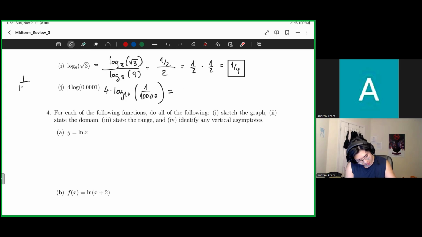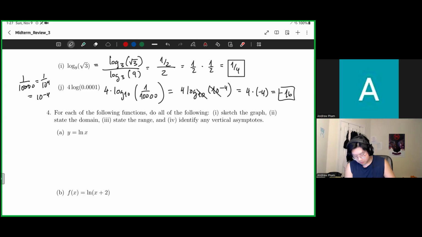But 1 over 10,000 is 1 over 10 to the 4, which is just 10 to the minus 4. So I have 4 times log base 10 of 10 to the minus 4. So the log base 10 and the 10 cancel, and I'm left with 4 times -4, which is minus 16.